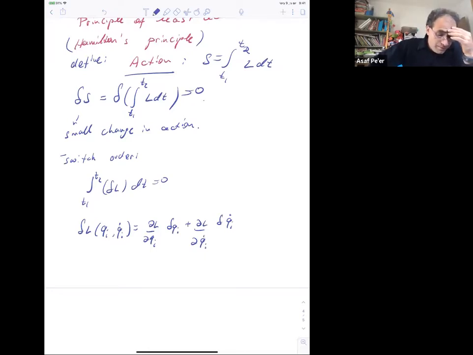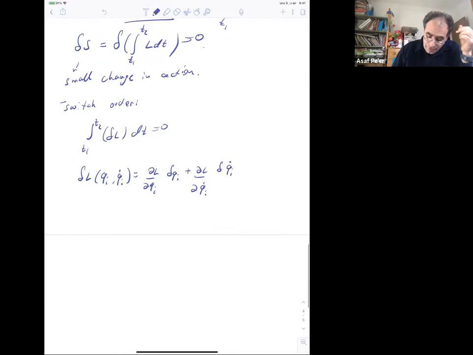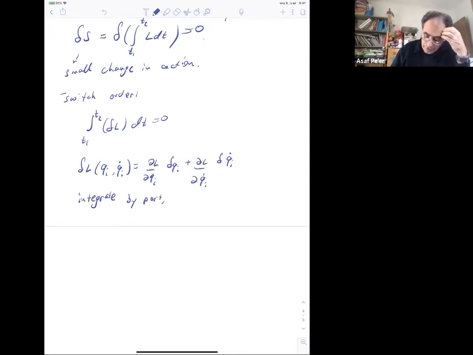And what we're left with is to integrate by parts and use the fact that the change in the coordinate delta q_i must be 0 at the boundary. So integrate by parts, and use delta q_i at t equal to t1 is equal to delta q_i at t equal to t2 is equal to 0.